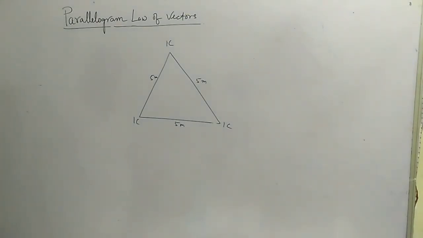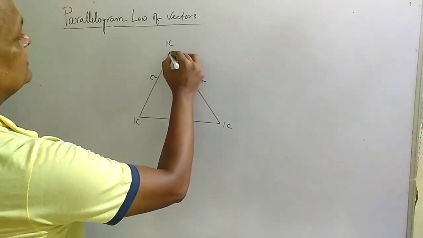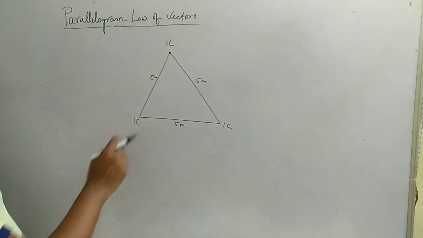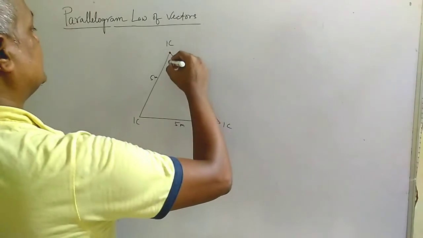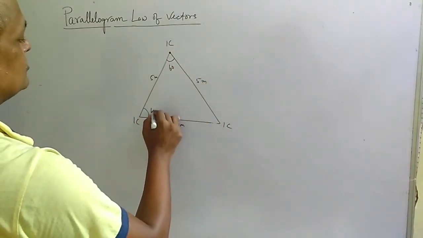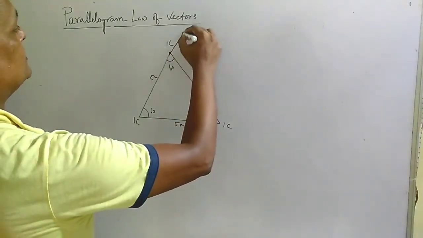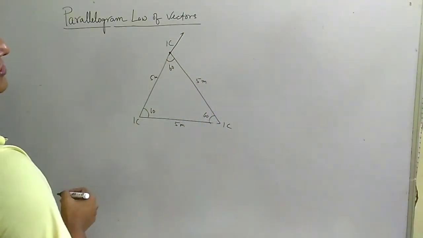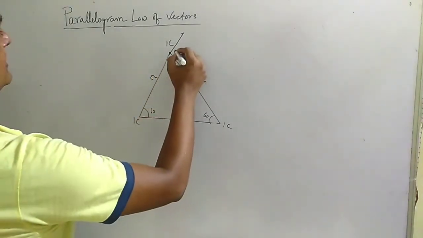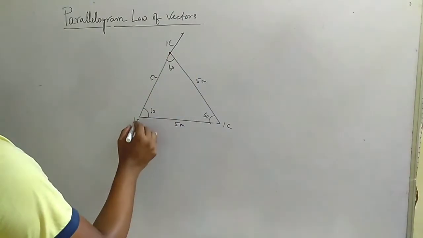So what happens is that we have to find the force experienced by this particle due to this. So you know that this angle is 60 degree, and this is also 60, this is also 60. So you have one force acting here in this direction, and that is the resultant force on this due to this.